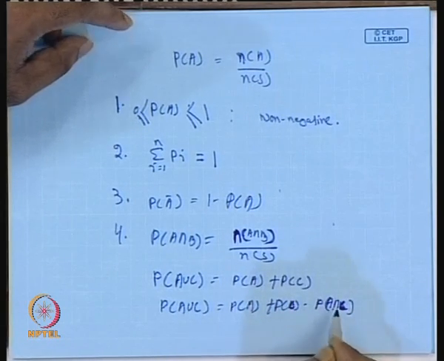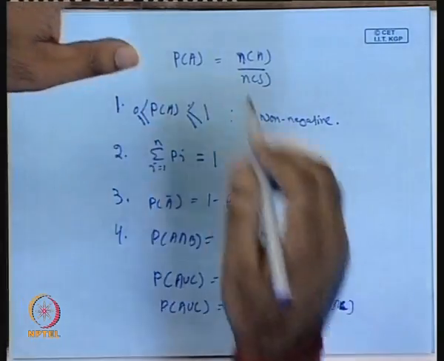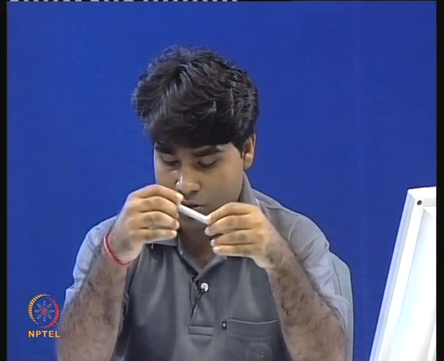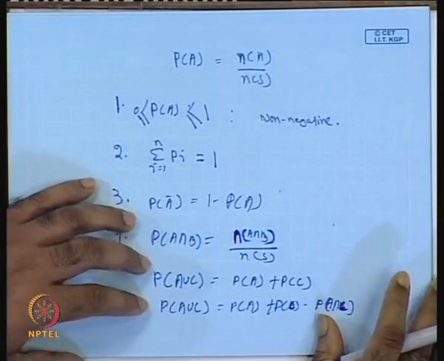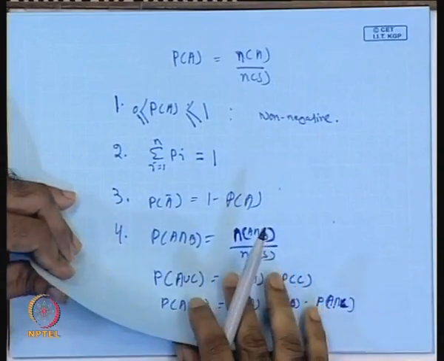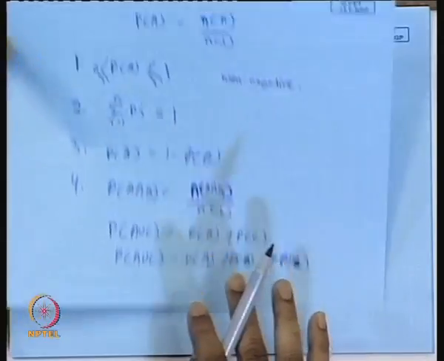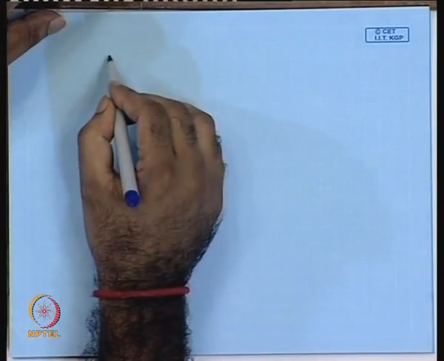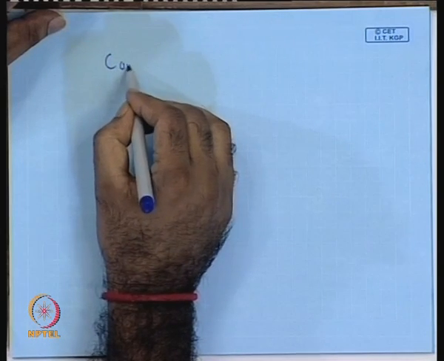So, when they are mutually exclusive or disjoint, then obviously the common element or intersection term will be equal to 0. So, simply P(A union C) equals P(A) plus P(C). Okay. So, this is how the structure of probability is, or we can say we can discuss the features of probability. Then there is a concept called conditional probability.